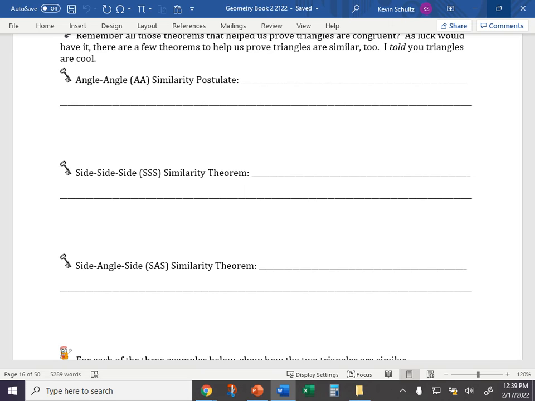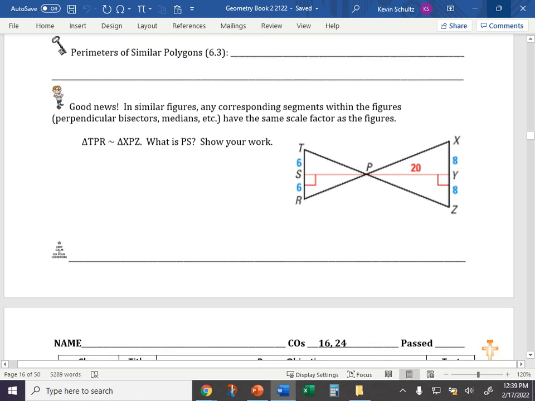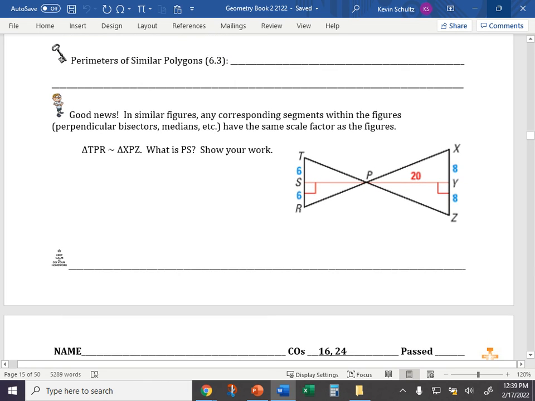Now we're talking about them in the context of similar triangles. So the side, side, side congruency theorem is different than the side, side, side similarity postulate. Let's start distinguishing between the two of those. Okay? Distinguishing between the two of those. But before we get to that, we get to explore scale factors and such a little bit more.